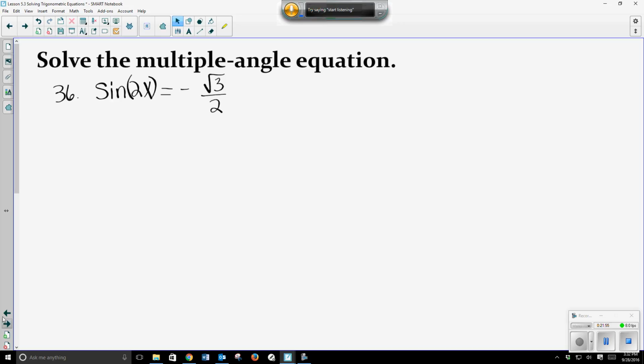Okay, so here we have 2x is equal to, where is sine of an angle negative root 3 over 2? That would be at 4 pi over 3.